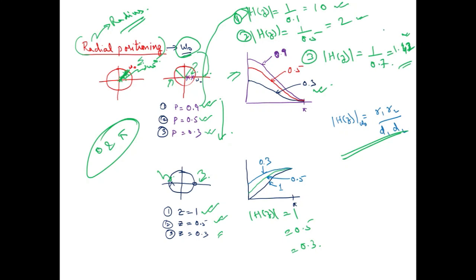So what you have to do, again, what is modulus of H(z)? You have r1 r2 divided by d1 d2, considering this filter has two zeros and two poles.